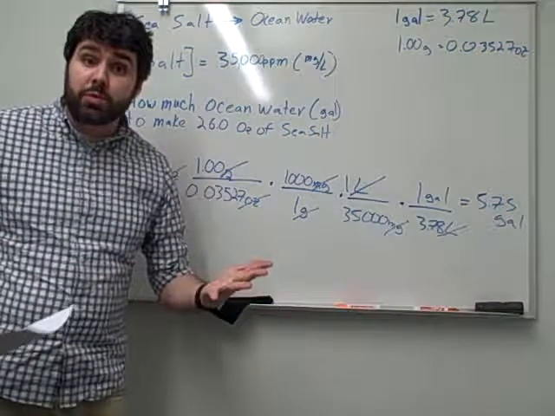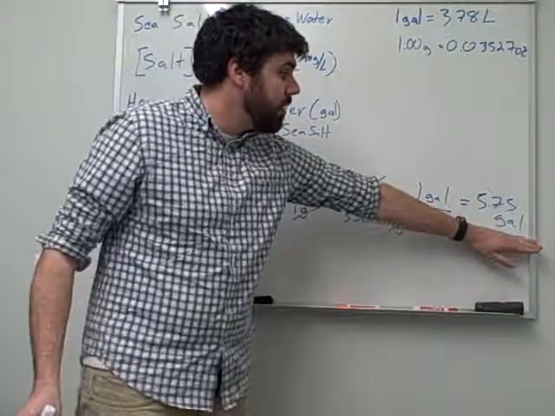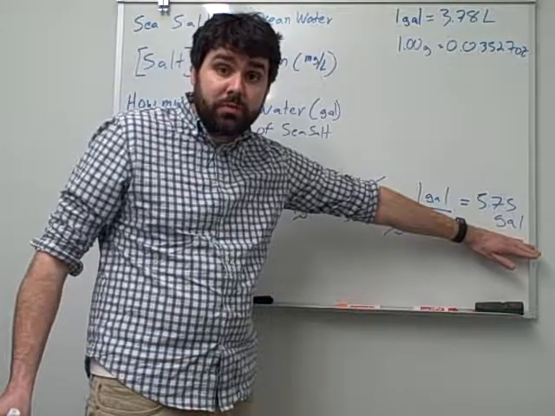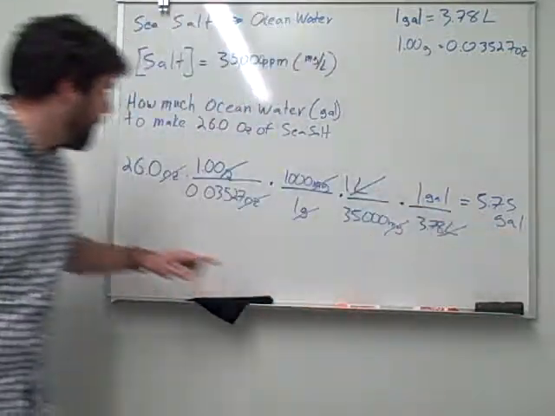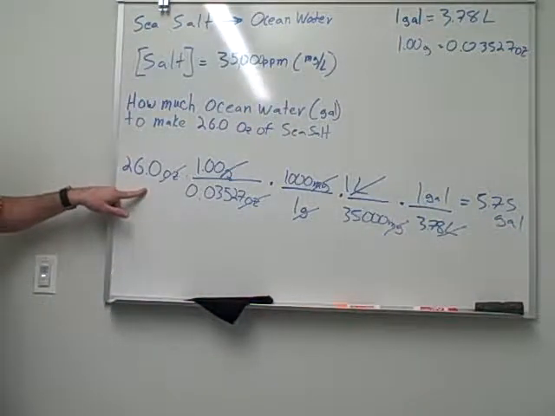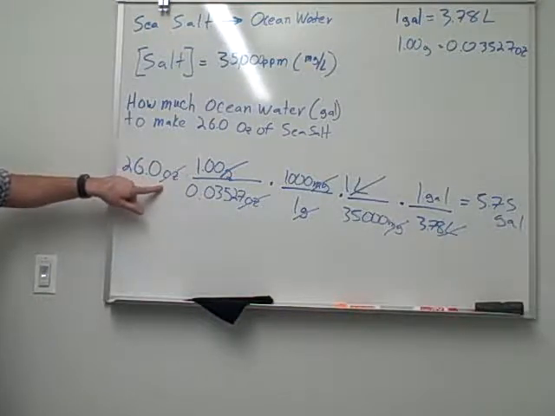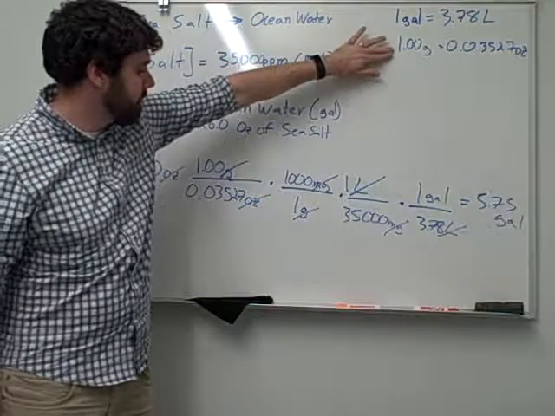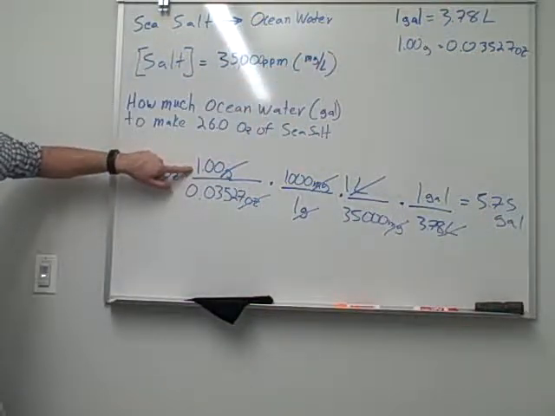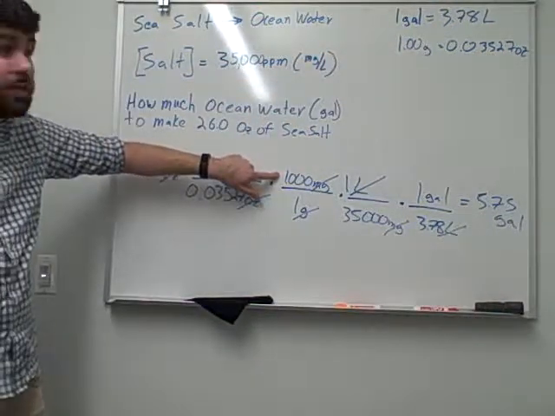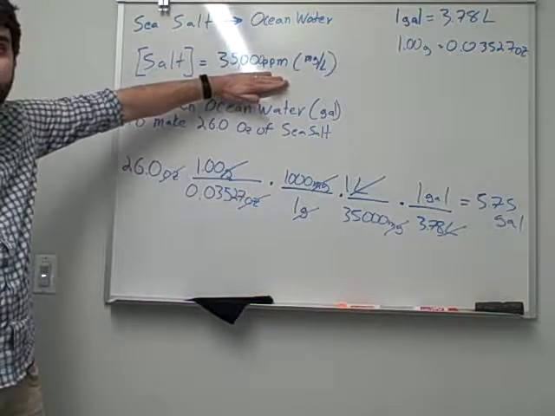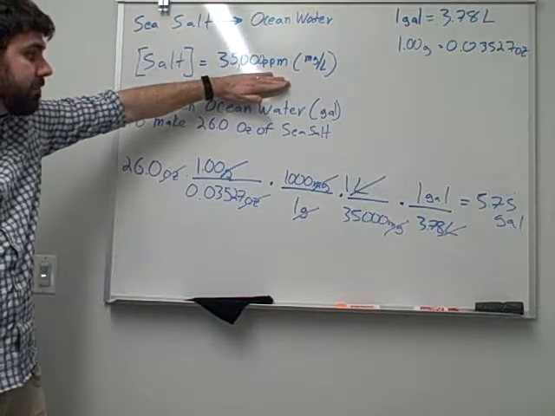And so to summarize, what we've done is we first put our units of what we're looking for, gallons, and then asked ourselves, starting with 26 ounces of sea salt, we need to convert to how many grams are in 26 ounces, and we do that with our conversion up here. We then convert this number of grams into milligrams, because our concentration of ocean water is given in milligrams per liter.